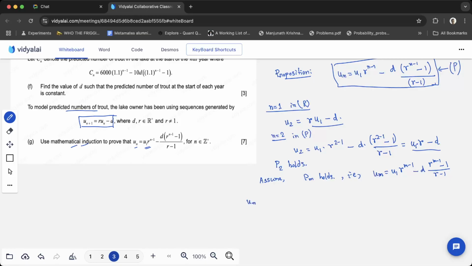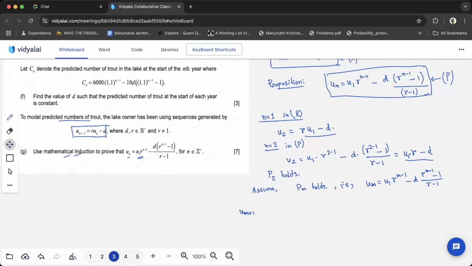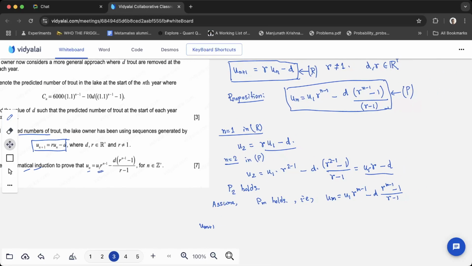So what is u(m+1)? We start by using the recurrence relation here. We know for sure the value of um to be true, like here. We'll use this structure of um and the recurrence relation we have, which is r times um minus d for u(m+1).